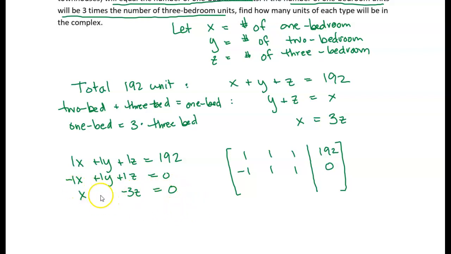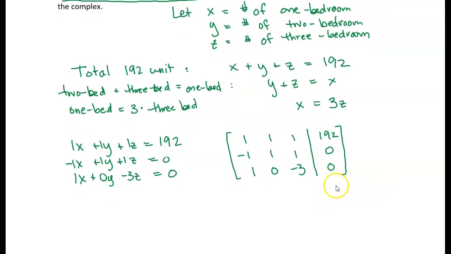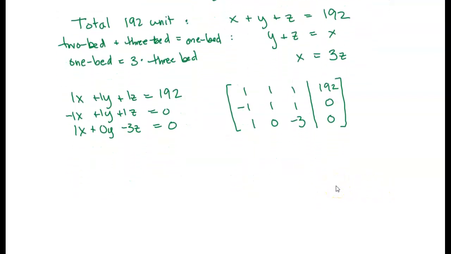So there's no y value, so I could write this as 0y if I want to, right? 1x plus 0y minus 3z is equal to 0. So my coefficients are 1, 0, negative 3, and the right-hand side is just 0. So now I have an augmented matrix, and I can do Gauss-Jordan elimination on it and get the solution that way.